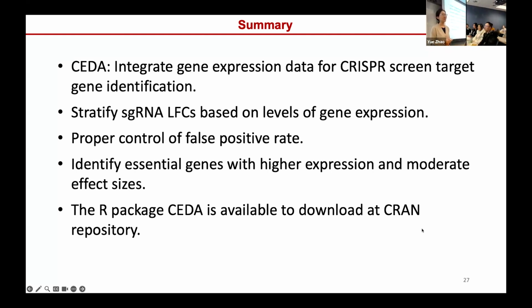But that's something I think needs some technology improvement. And for CEDA, we didn't consider this off-target effect. That's a big limitation, I have to admit. And I like MAGeCK MLE, where they can input the guide RNA efficiency and incorporate it into their method.